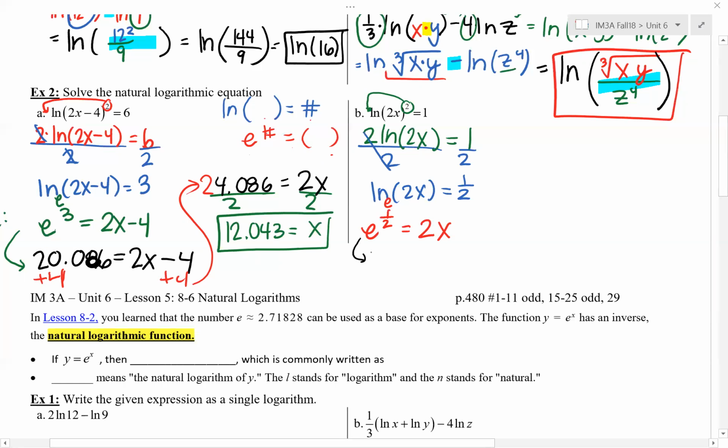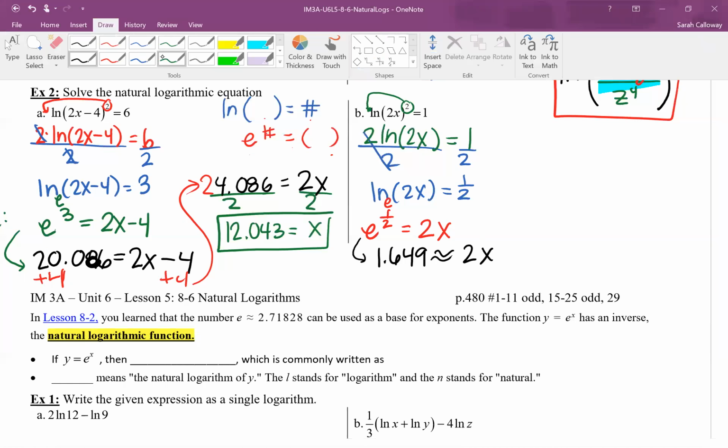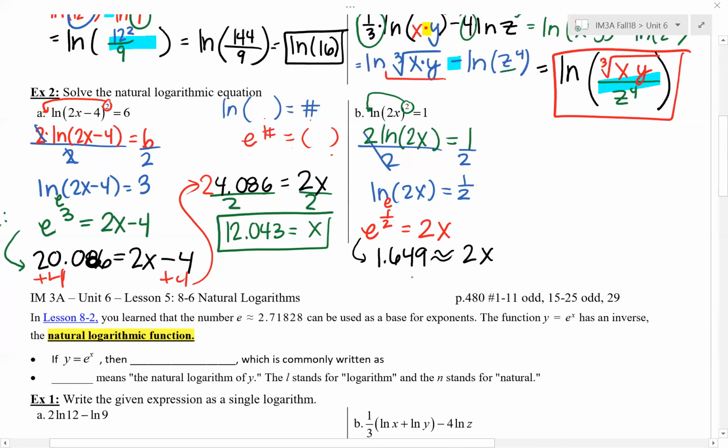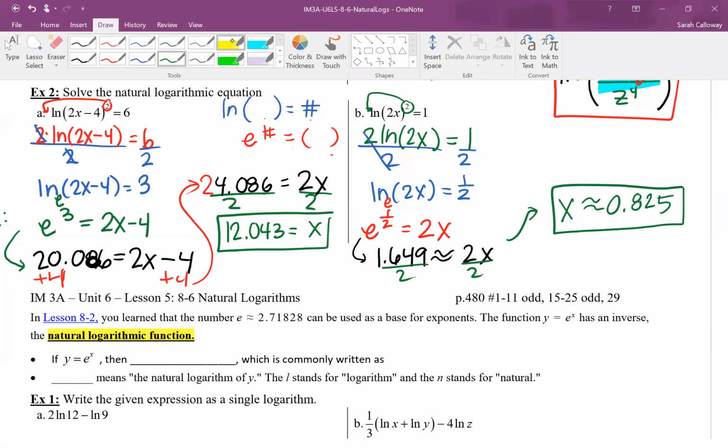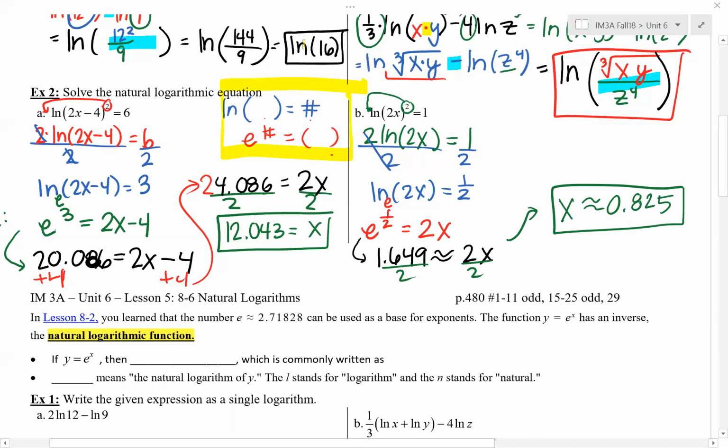If I plug e to the 1 divided by 2 power, I end up with 1.649 as my estimate for 2x. Then if I divide both sides by 2, that tells me that x is about 0.825.